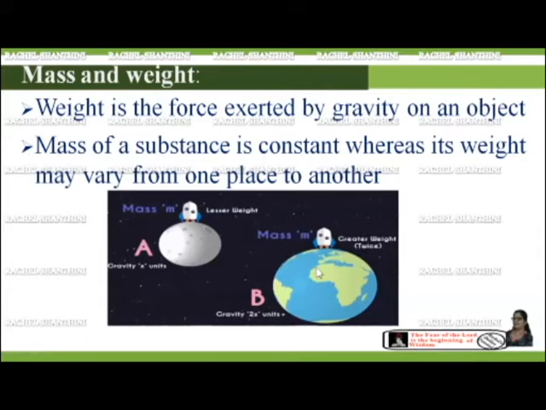As the gravity is twice in place B, the weight of the object is also twice in place B as compared to place A. So, mass of a substance is constant, whereas its weight may vary from one place to another.